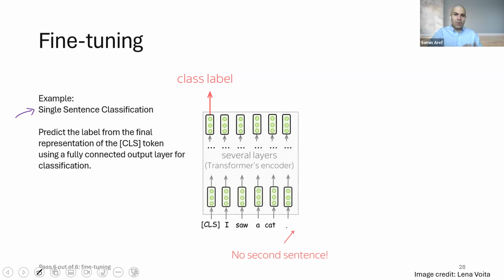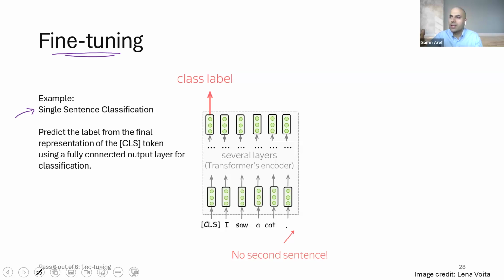So we have done the process of giving these pairs of sentences, and now we have a foundational model that has a general understanding of language and context, but it still doesn't solve a specific language task.